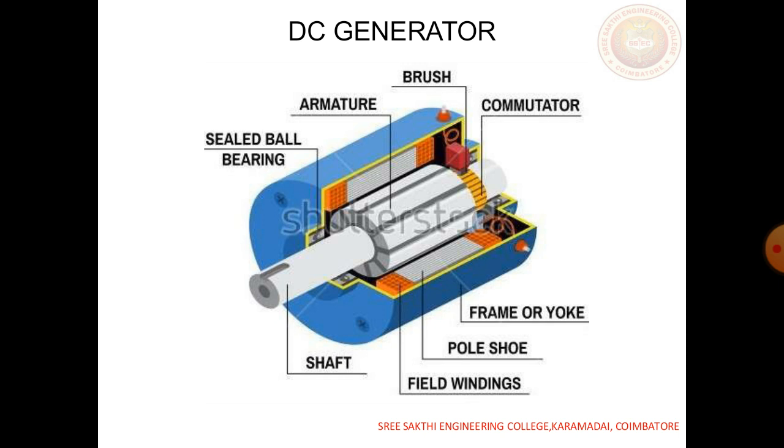Inside the field winding we have a pole shoe, and a commutator, which acts as the main converter, and next the brush, then the armature, a rotating part, a sealed ball bearing, which connects your generator with the other part of the circuit, and the shaft at the outer section. These are all the main parts of the generator. We will see them one by one later.